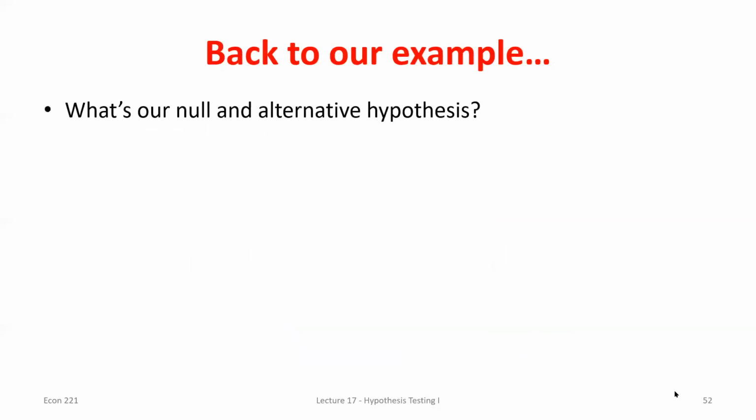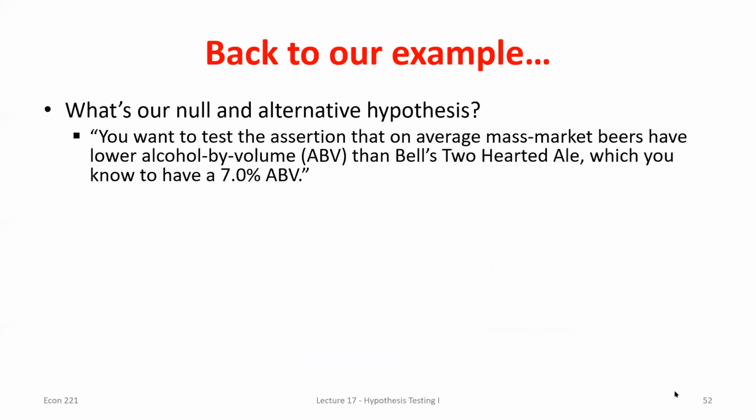So we return to our example of our null and alternative hypothesis. If I want to test whether the average ABV is below 7%, that's what I want to test for. So my alternative hypothesis is always what I'm trying to find or what I'm trying to test for. Here, it's very easy to identify.